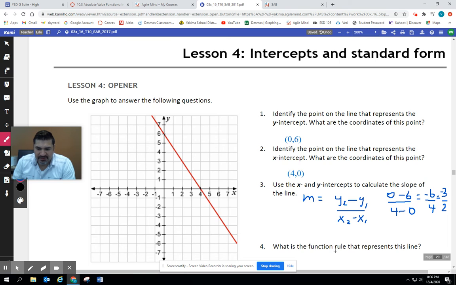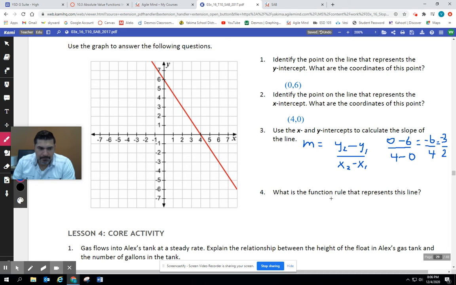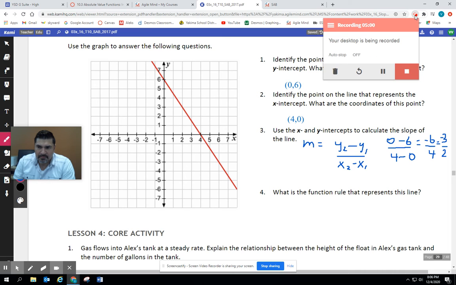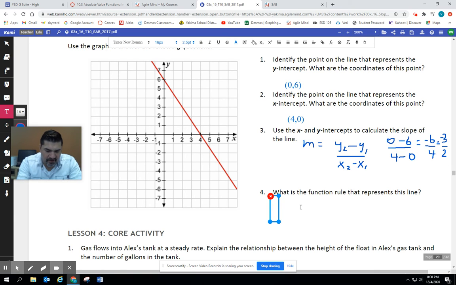Number 4 says, what is the function rule that represents this line? So what we're going to do is we're going to use slope-intercept form, which is y equals mx plus b.